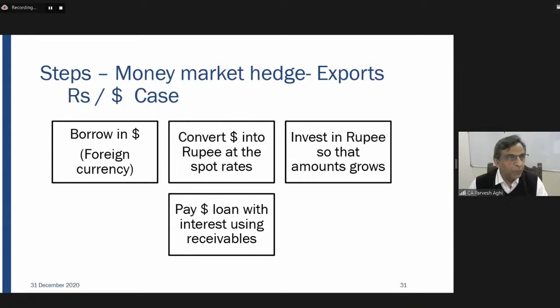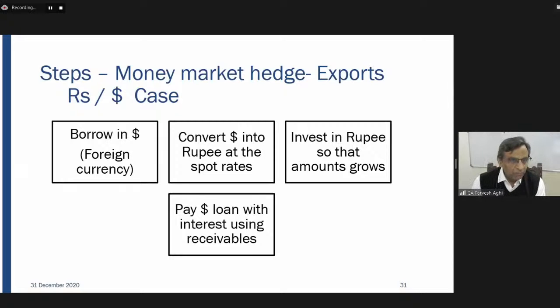The last step: the money which you borrowed in foreign currency, you pay the loan with interest using your receivables, because you have some money to receive from your customer. The borrowing should be such that, along with the interest, it is equivalent to your receivables.